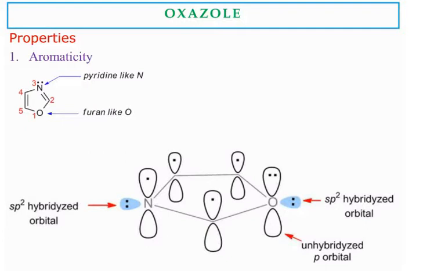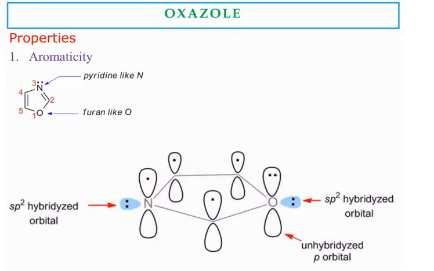Oxazole contains oxygen and nitrogen at 1,3 positions. Here oxygen got position 1 and nitrogen 3. This is important. Now nitrogen is pyridine-like and oxygen is like a furan-like oxygen.